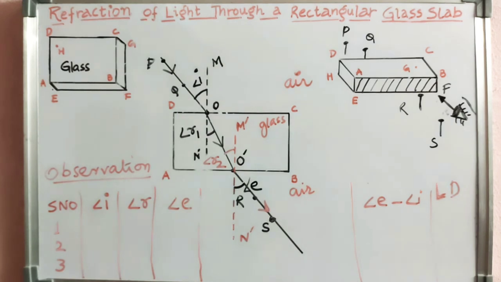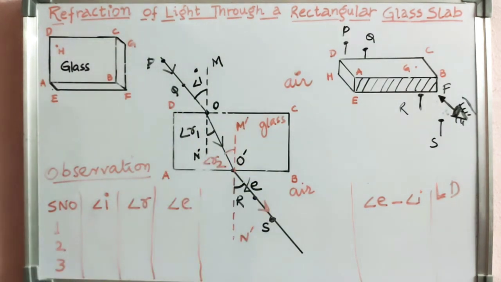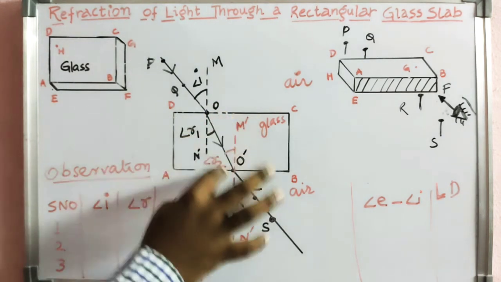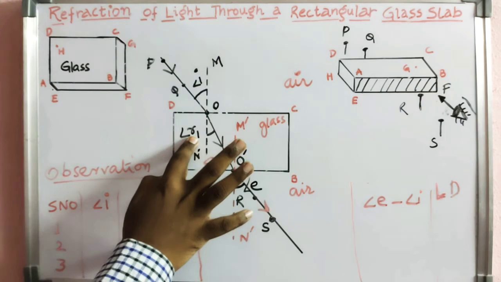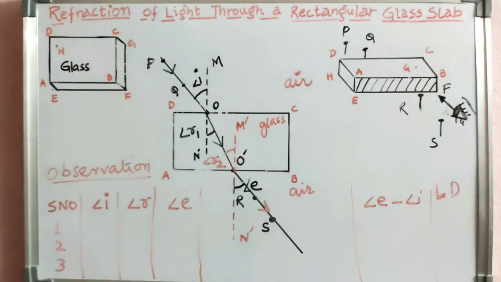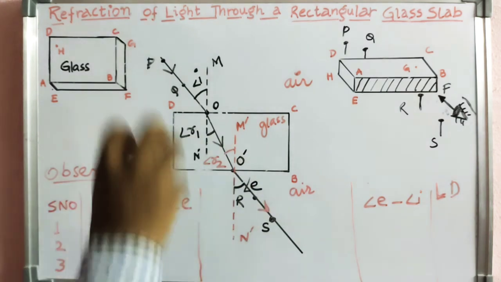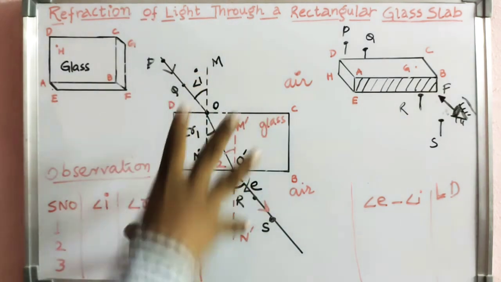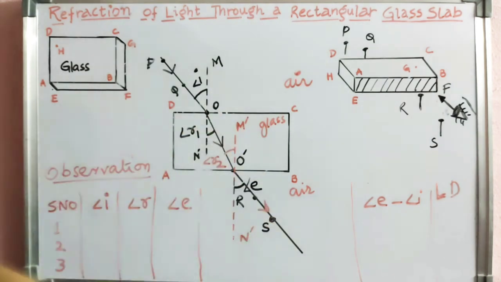And this is R1, this is R2. Here R1 is the angle of refraction for this point, and R2 is the angle of incidence for this point. But since they are angles inside the glass slab, I am representing them with the letter R: R1, R2.